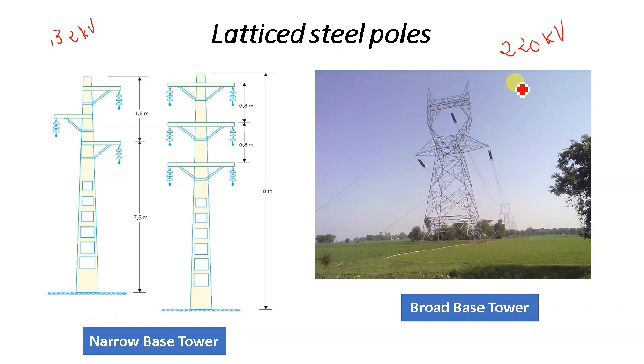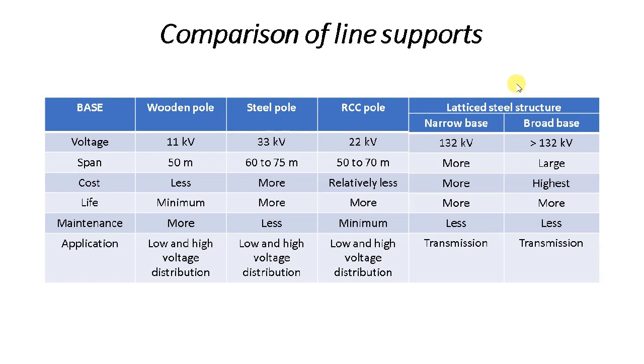Now let us briefly conclude this lecture by comparing the different line supports that we have discussed in today's lecture. If you look at the wooden poles, the steel poles, the RCC poles, or the latticed structure, the voltage level will be less in case of wooden poles, that is 11 kV. In case of steel, we are generally using 33 kV.